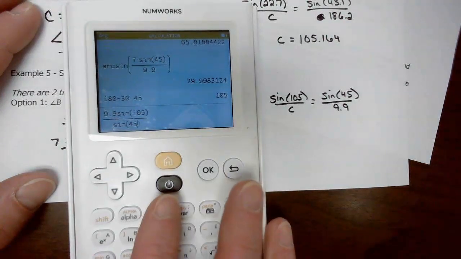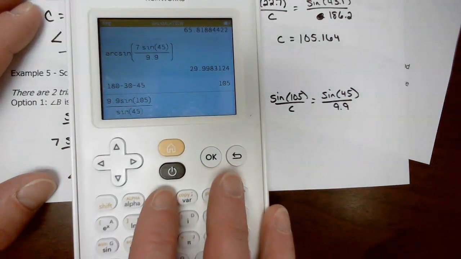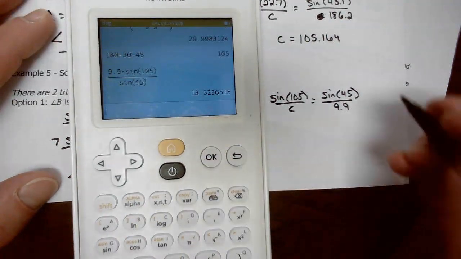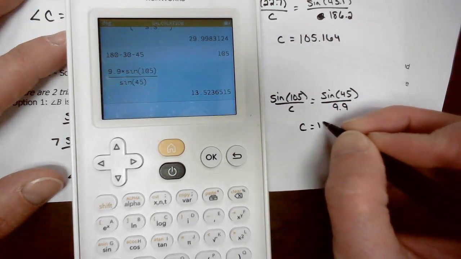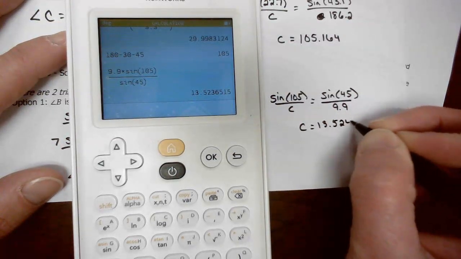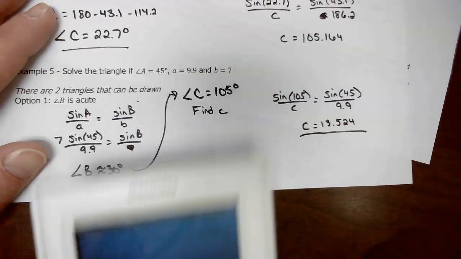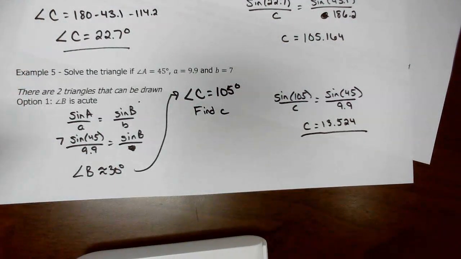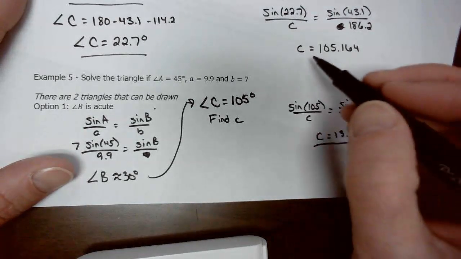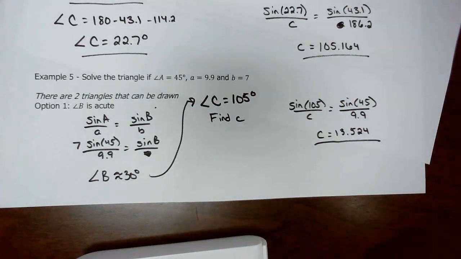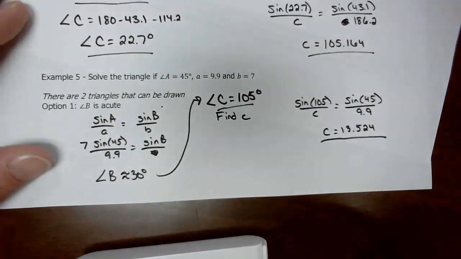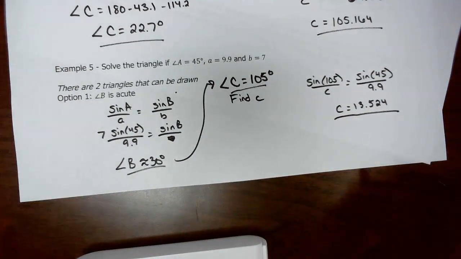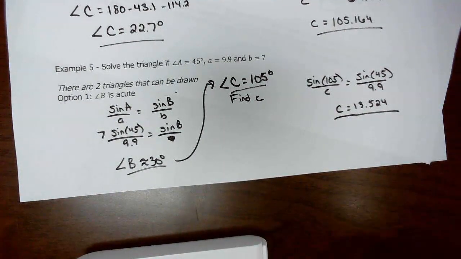So I end up with 9.9 times the sine of 105 divided by sine of 45. And little c is 13.52. Notice on the angles, I'm kind of okay with going 1 decimal place. The sides are where we want to have the more the merrier.